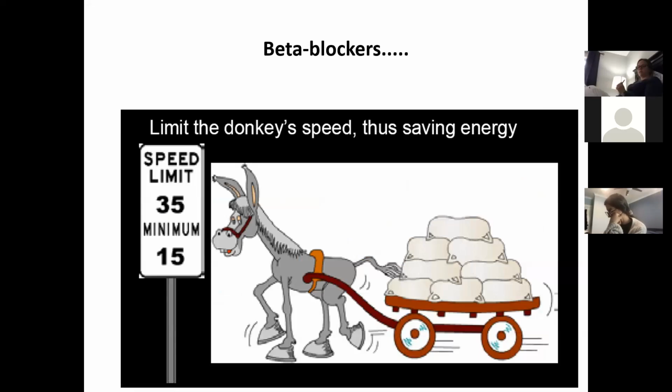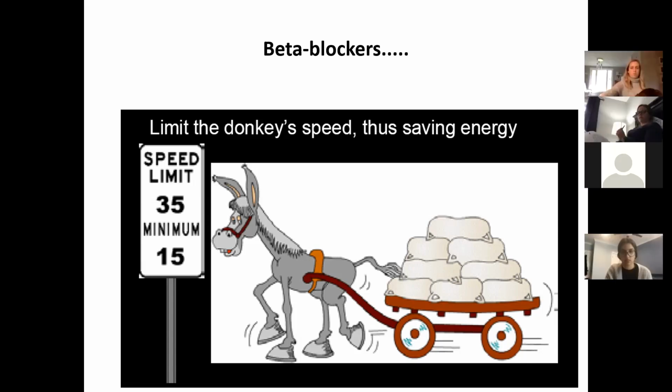Once we get them dried out, and this is important, we do not give beta blockers to patients who are in gross heart failure or acute heart failure. If they were on them at home, we may even stop them, or likely will stop the beta blockers until we get them dried out. And the reason why we then return to beta blockers is basically it's an energy saving mechanism.